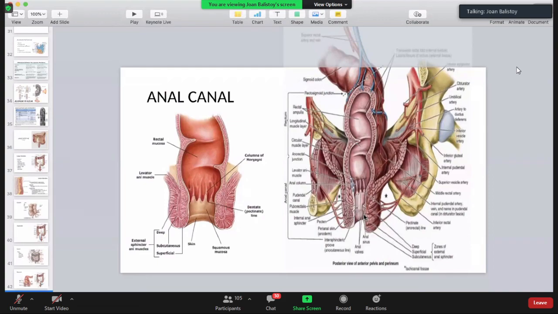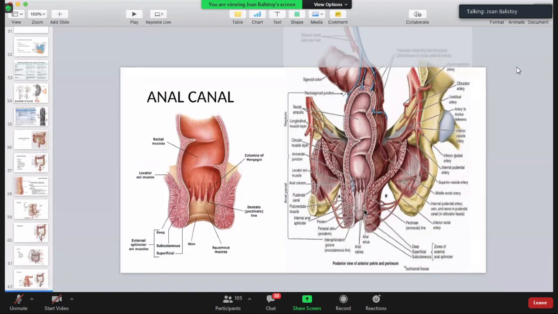So, you have two sphincters in your anal canal. That is why you don't just poop. You poop intentionally. All right? So, that is the last slide for the gastrointestinal system, the anal canal.